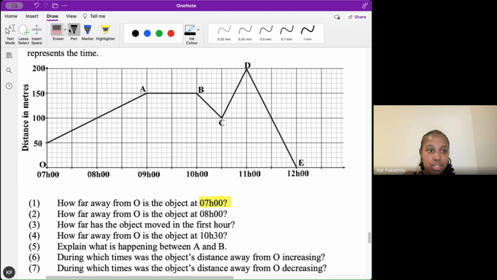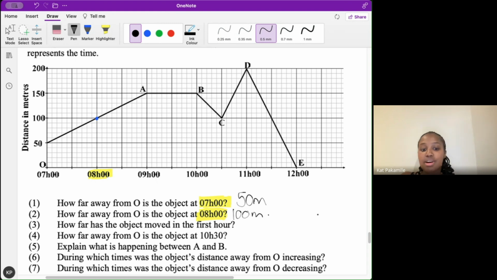So this is actually 50 meters. Great. How far away was the object at 8 o'clock? 8 o'clock is over here. And if you look up there, that looks like it's in line with 100 meters.